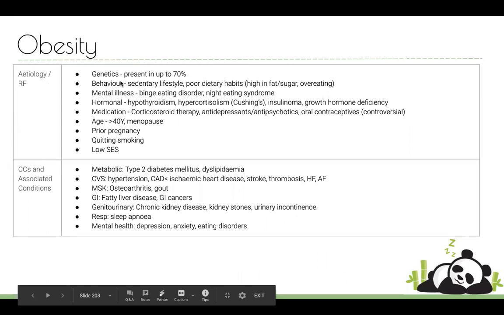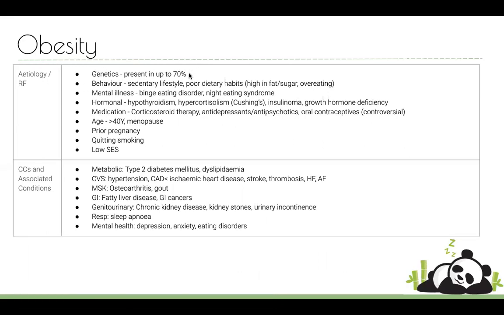Etiology and risk factors. It's important to note that genetics is present in up to 70%. So it's not all the patient's fault, but it is related to, obviously, a sedentary lifestyle, which is someone who sits all day, doesn't really exercise, poor dietary habits, high in fats, sugar, or overeating, mental illness like binge eating disorder, night eating syndrome, hormonal, hypothyroidism being the big one like before, medications, corticosteroids, you will have to know eventually, and the pill is controversial.